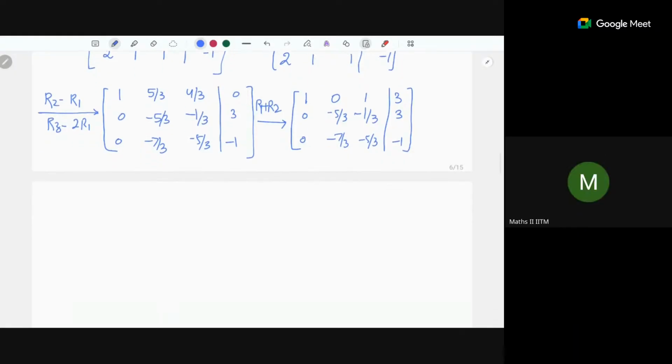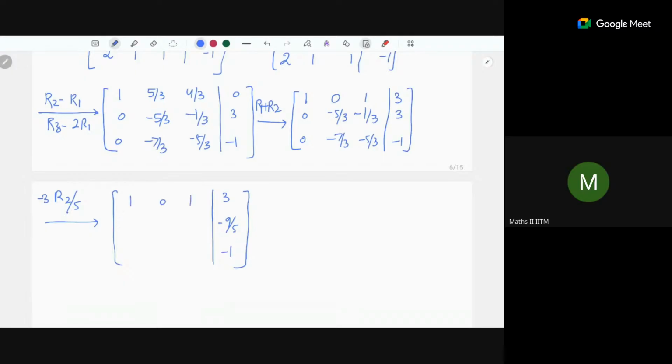Right. So now we will do R2 by minus 3 by 5, and let's just do that. So you'll get 3 minus 9 by 5 minus 1, 1, 0, 1. First row remains as it is.